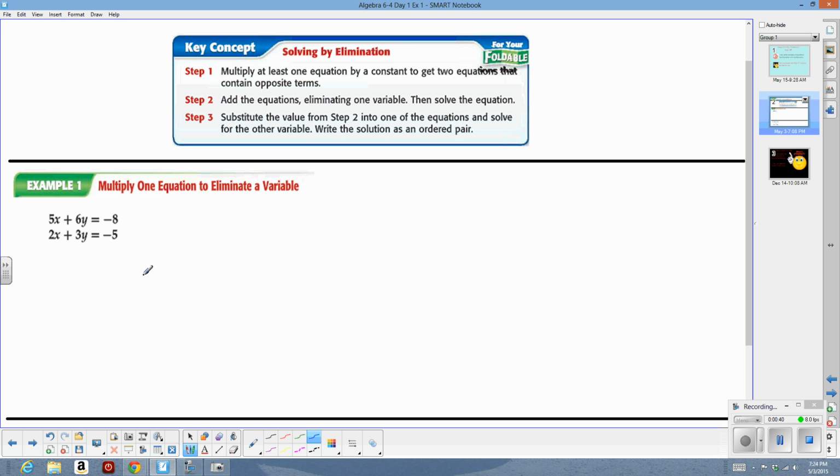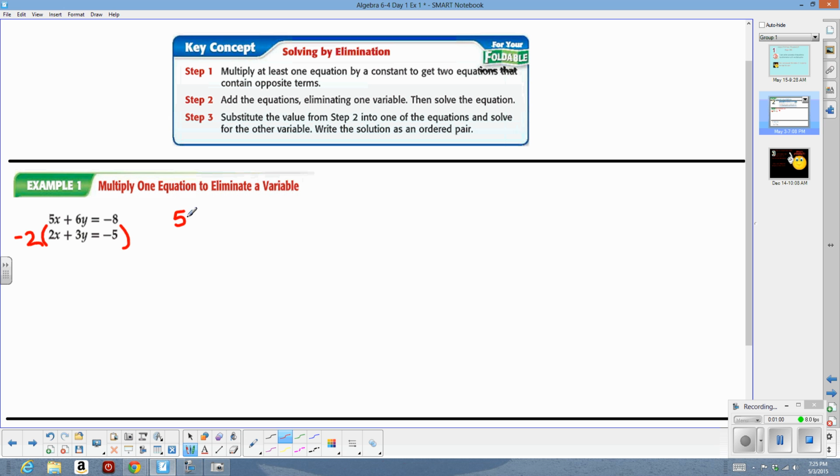In our first example, if I take this bottom equation and multiply everything by -2, I will have an equation equivalent to what I started with, but I will then have opposite terms right here with my y's, which will allow me to eliminate the y's. So I'm going to go ahead and rewrite this system.